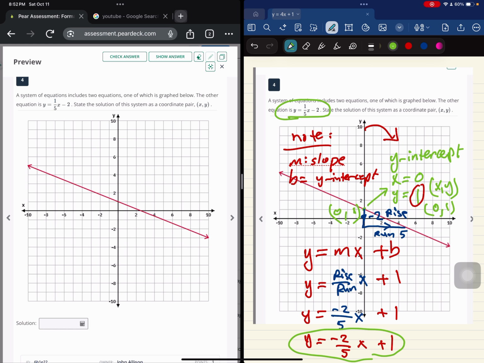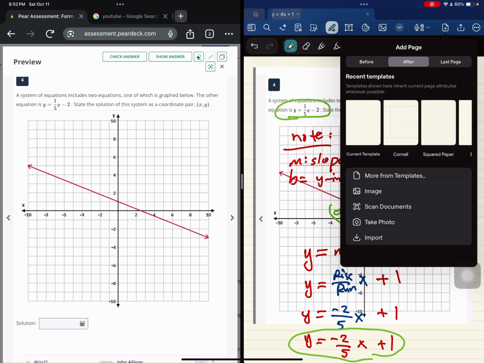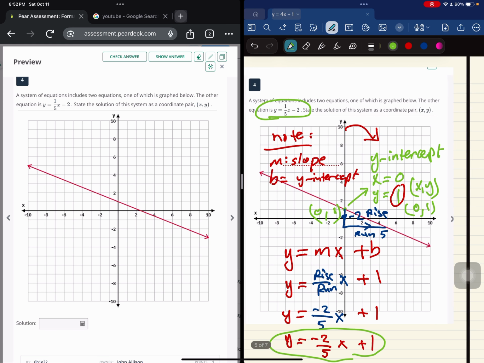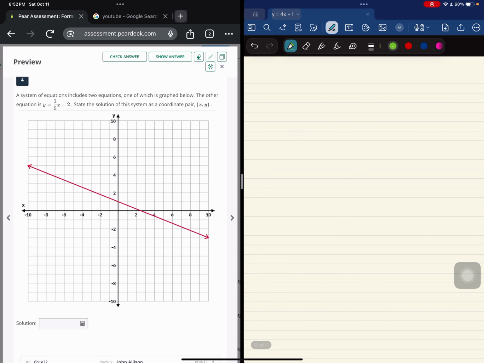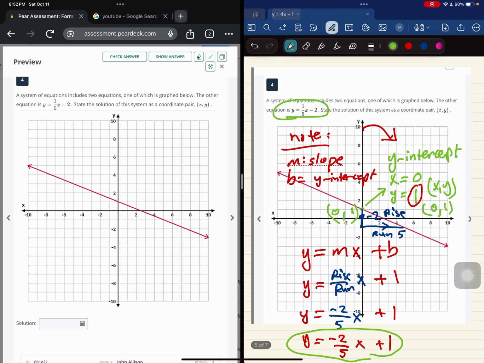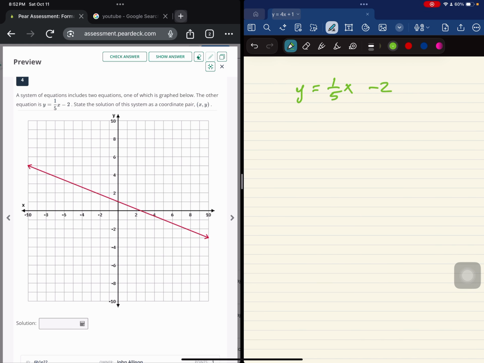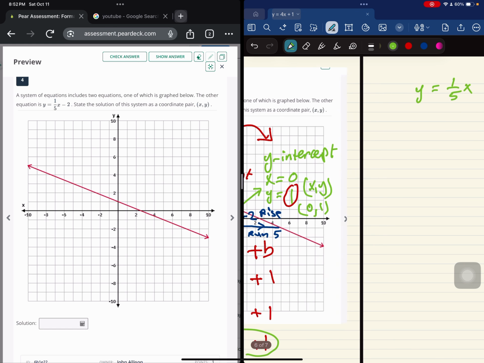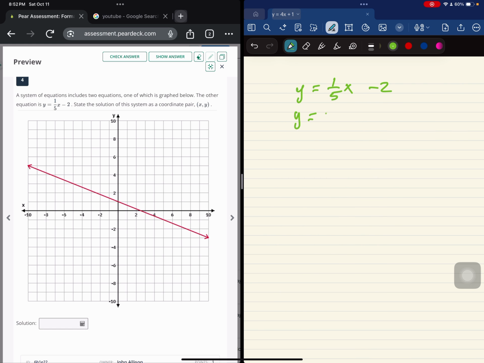So in this case, we have two equations. The first equation is y equals 1/5 x minus 2, and the second equation is y equals -2/5 x plus 1.